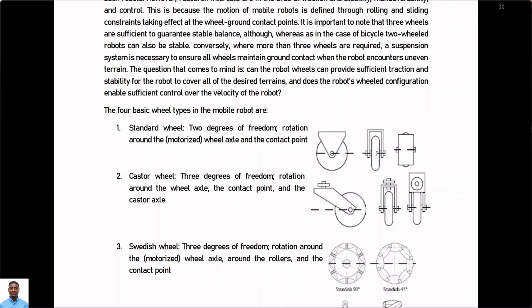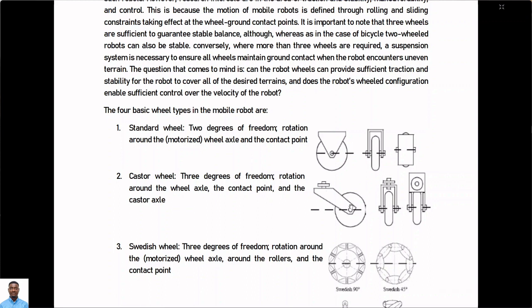The castor wheels are the wheels that rotate about the fixed point, also about their contact point, and also about the castor axle. If you picture your office chair, you have this kind of wheel that spins around under your chair and lets you change direction even while moving the chair around.